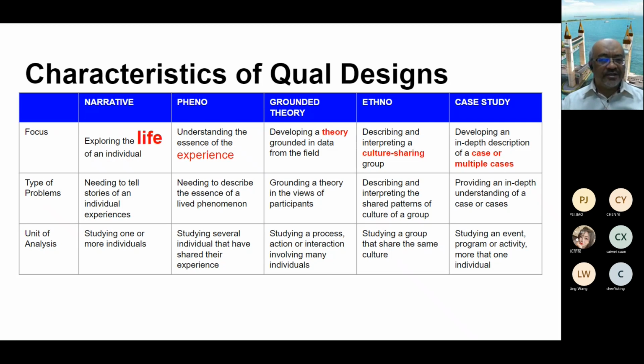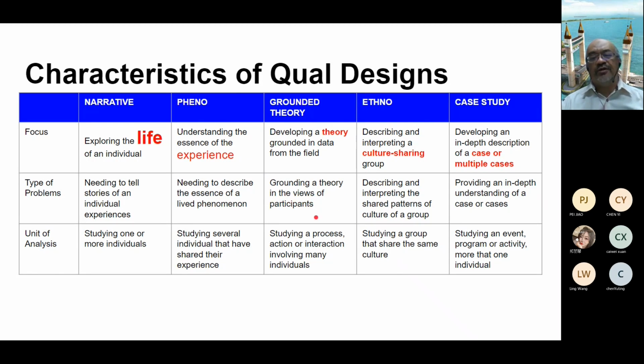Now let's have a look at the type of problem. I'm referring to this one. I think you could see my laser pointer in here. The narrative one needs to tell stories of an individual's experience. For phenomenology, it is to describe the essence of the phenomenon.